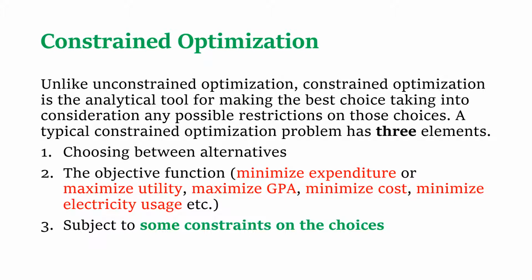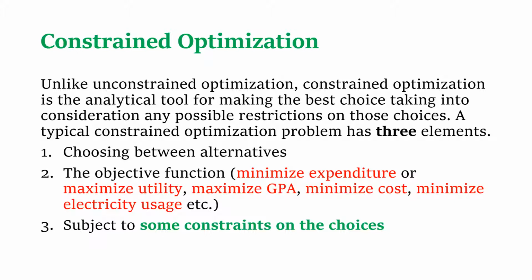But at the same time, I have to meet the requirement for my major. So, even though you are making your choices here, there are certain restrictions imposed on you as a decision maker. So this is what we normally face under constraint optimization.